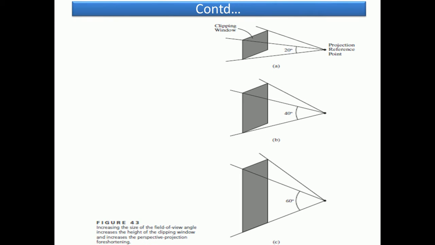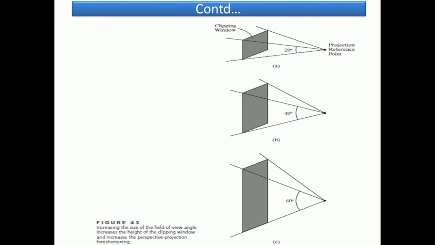Similarly, a large field of view angle results in a large clipping window height. This is nothing but zooming out. And it increases the perspective effects, which is what we achieve when we set the projection reference point very close to the view plane.